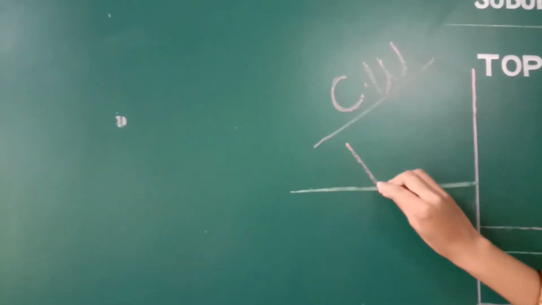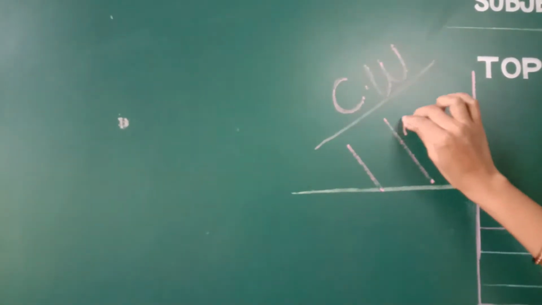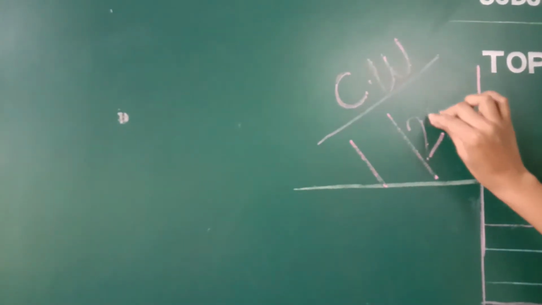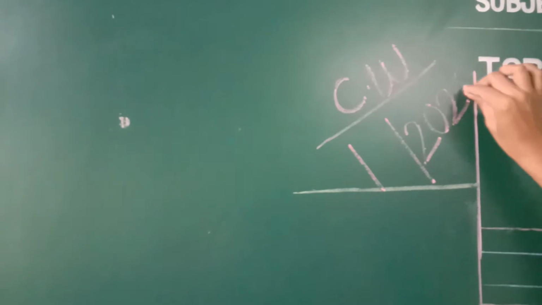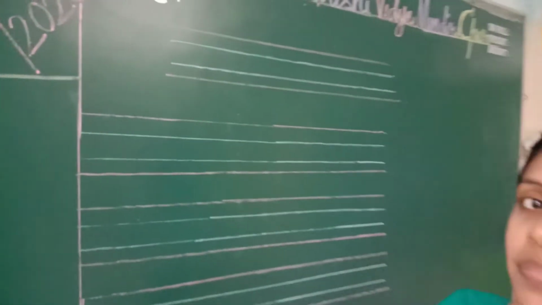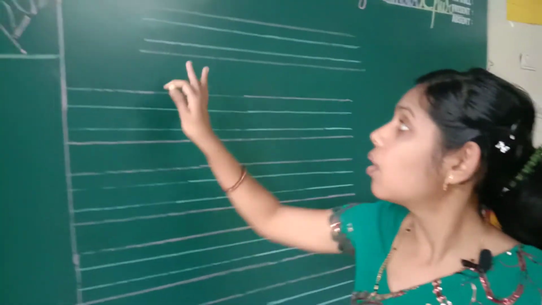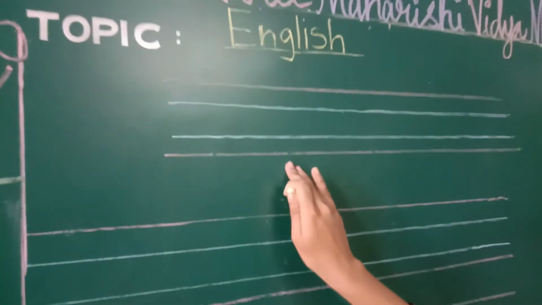Mention here date, here month and here year, that is 2020. Okay student, understand? Now on the first line we are going to write our heading.